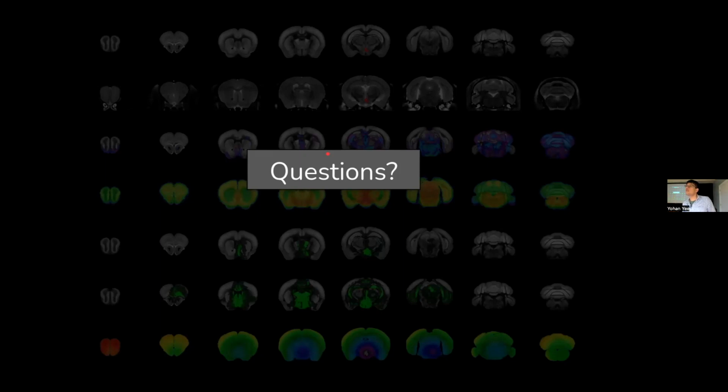Does the contribution of gene expression change over time? Yeah, that's something that in principle I would agree with, but to assess that you'd need the right kind of data.